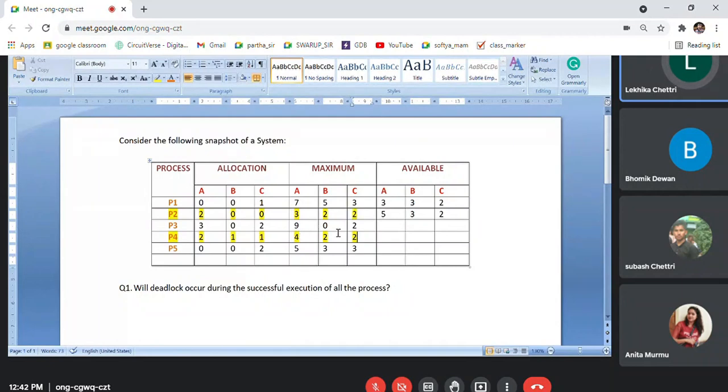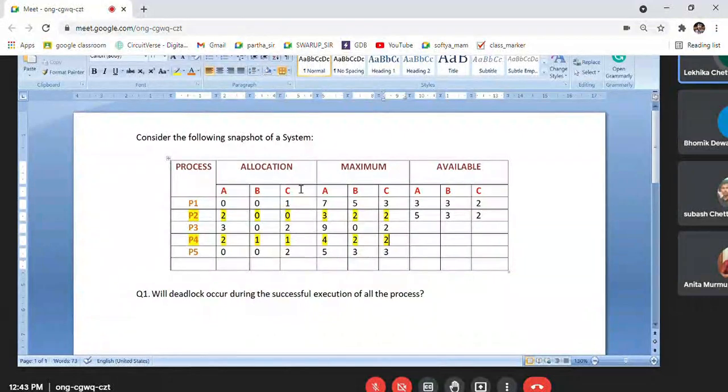It holds 2 copies of A, 1 copy of B, and 1 copy of C, and it was waiting for 4 copies of A, 2 copies of B, and 2 copies of C. So after I give these to process P4, it will complete its task, and also it will release the 2 copies of resource A, 1 copy of resource B, 1 copy of resource C.